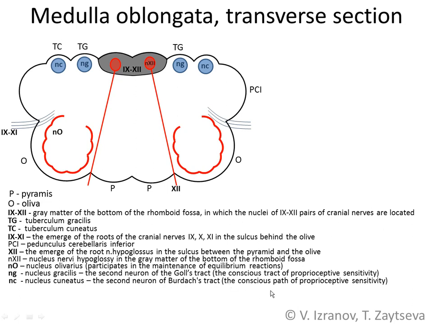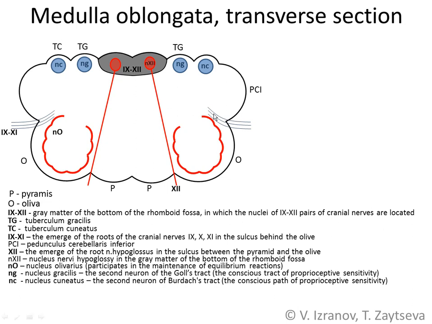So they are quite similar, nucleus gracilis and nucleus cuneatus, but what is the difference between them? Why are there two pathways, tuberculum gracilis, tuberculum cuneatus, nucleus gracilis, nucleus cuneatus?